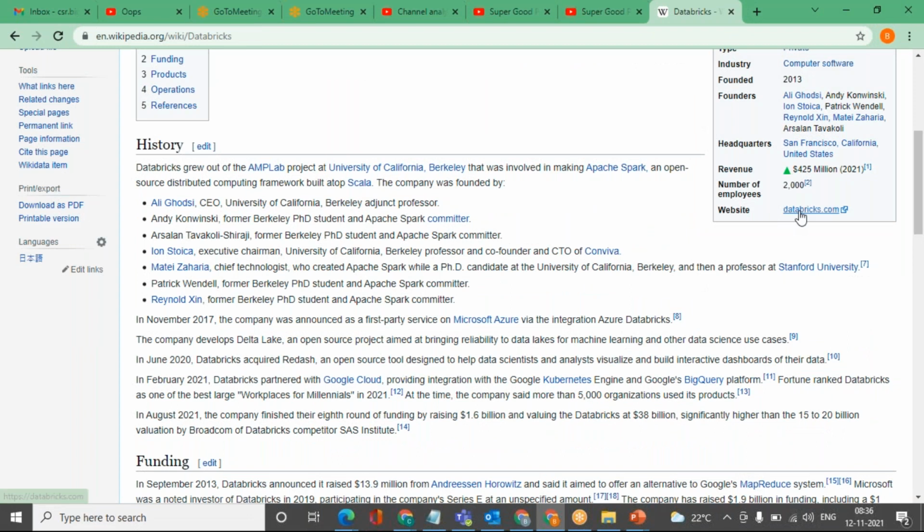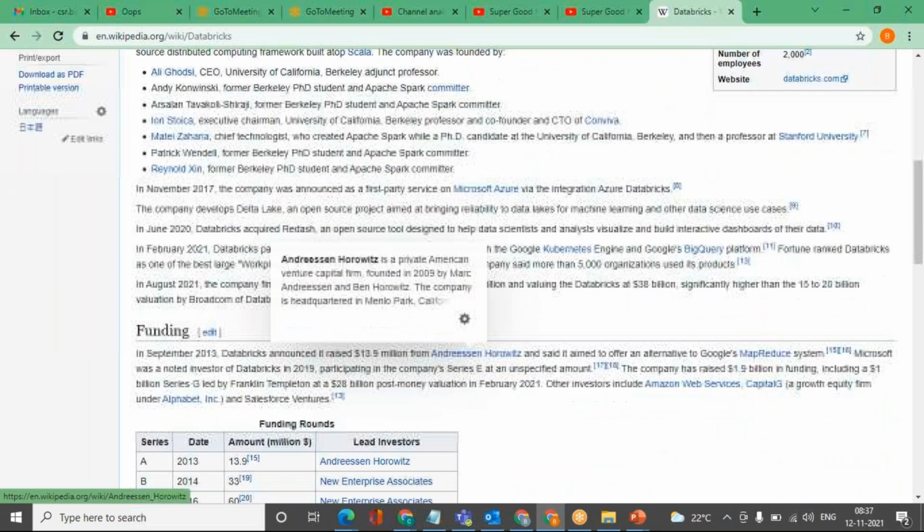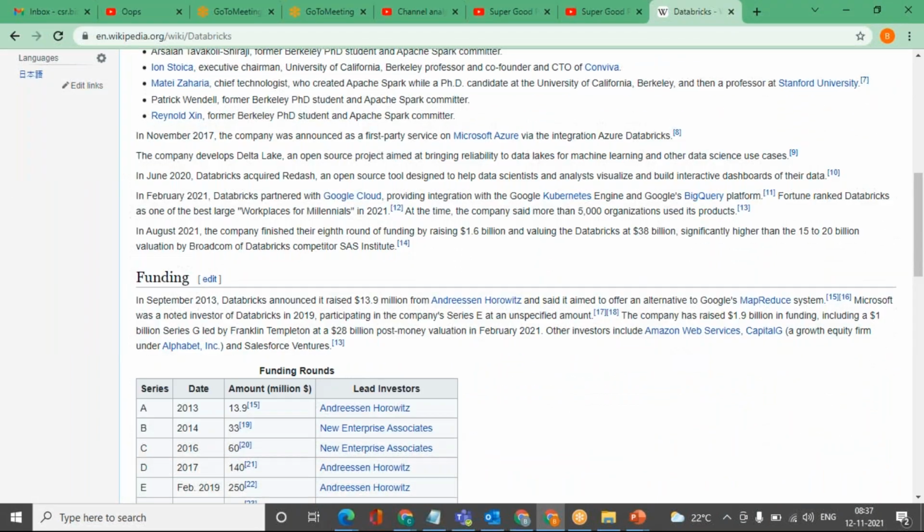Now Databricks employs 2,000 people. Look at this. Interesting thing is the funding part. In 2013, Databricks started with $13.9 million from this investor.